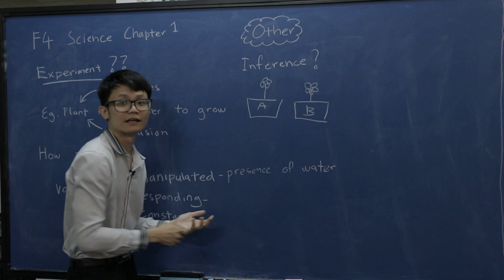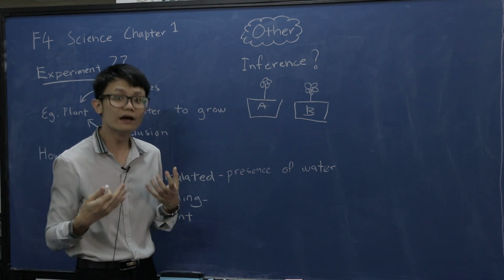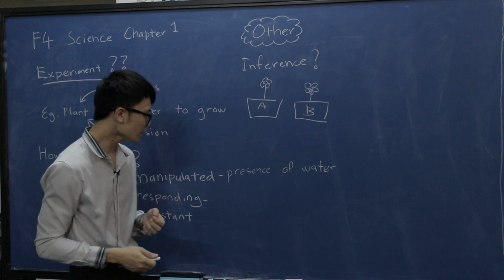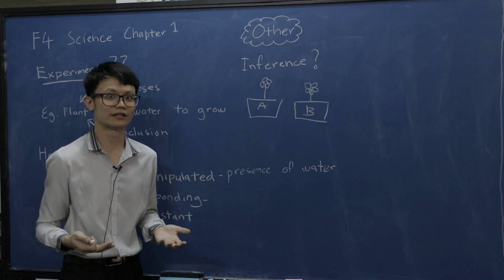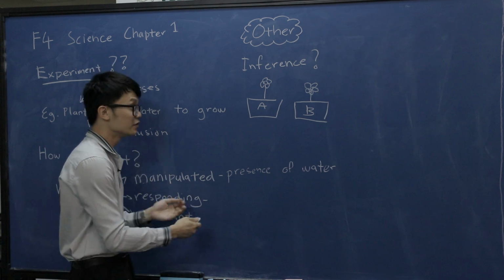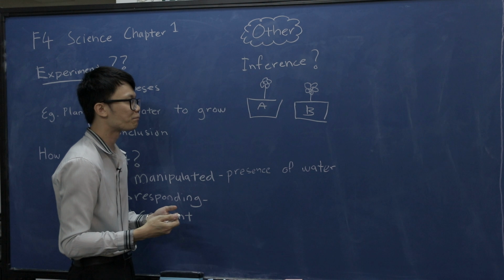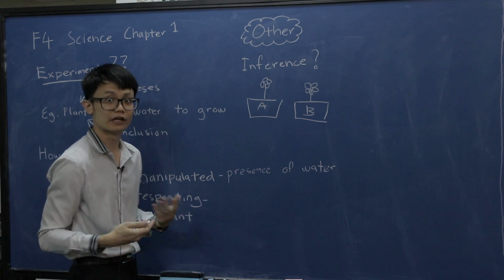The responding is the variable that responds. What is the effect of the experiment? You all know already. Why don't you try to think? The responding will be the plant, whether it will grow or it will survive.